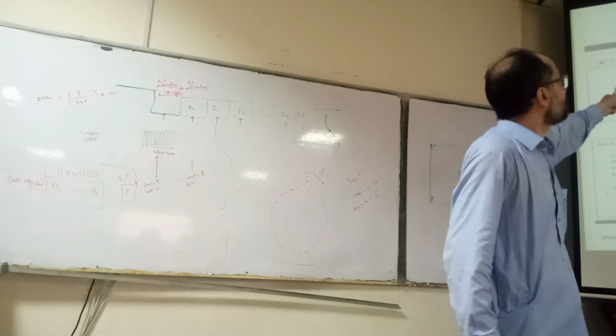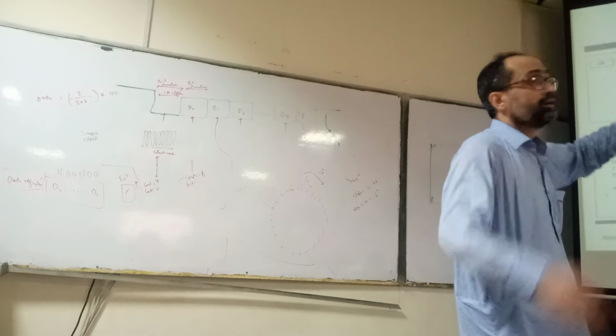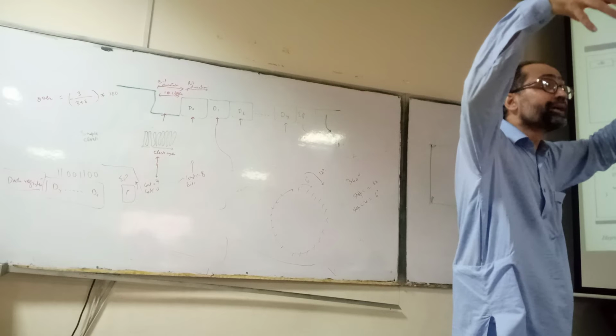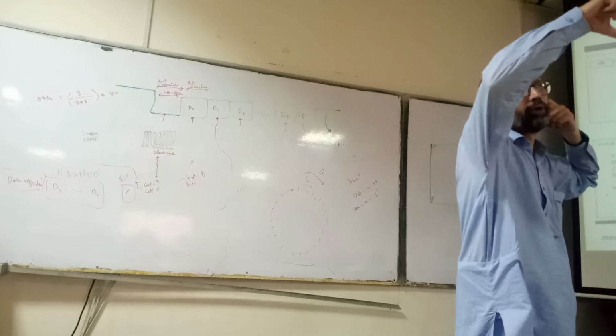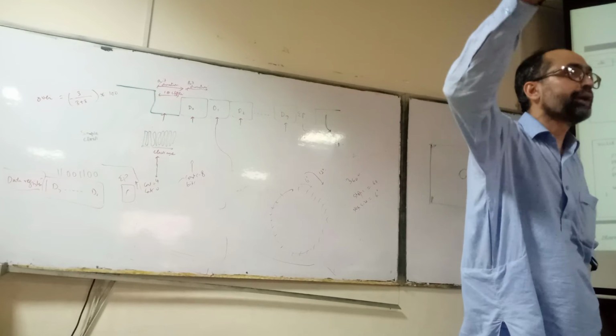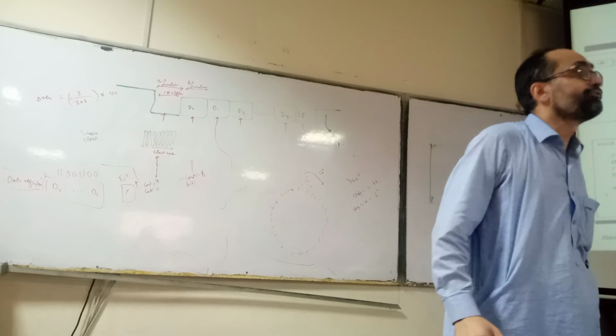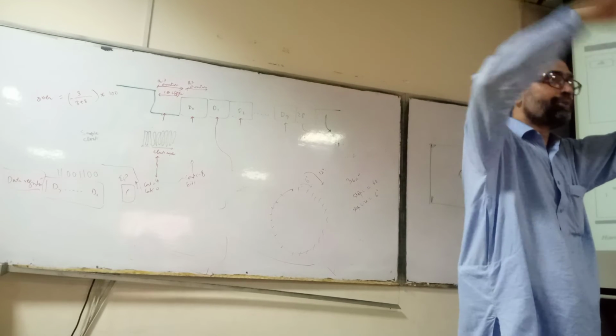Madam, this is the method in which you are generating a PWM signal. How do you generate a PWM signal? I told you, let's assume we have a 256 counter, a 256-bit counter, and you want to generate a PWM signal of 50%. From 0 to 127, it will be high.